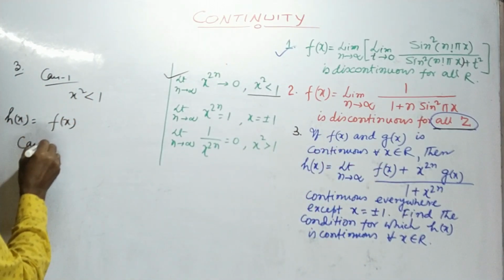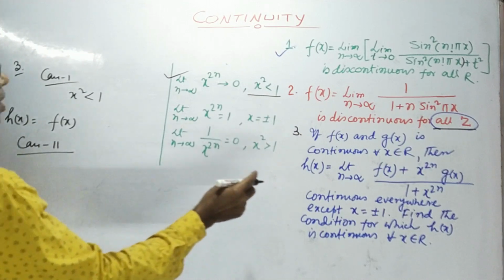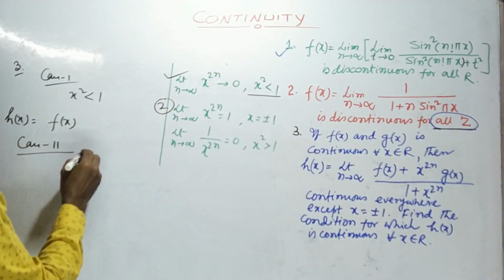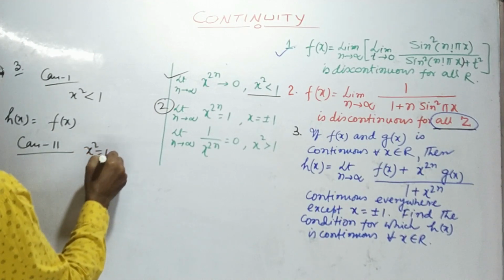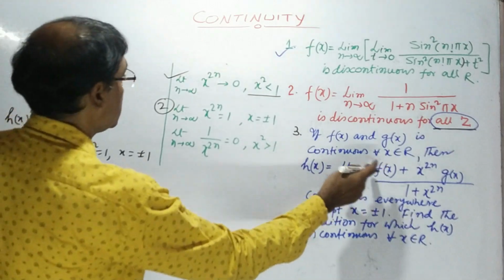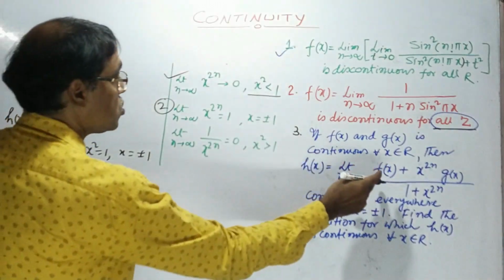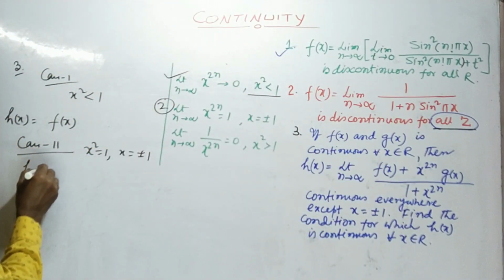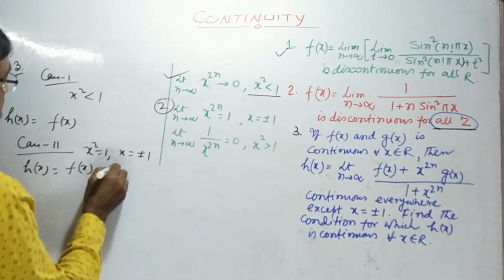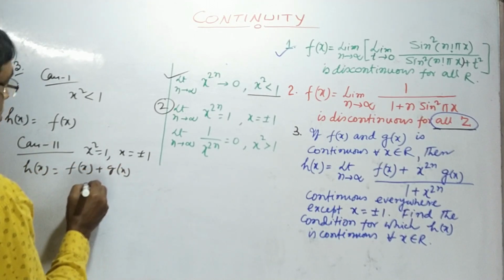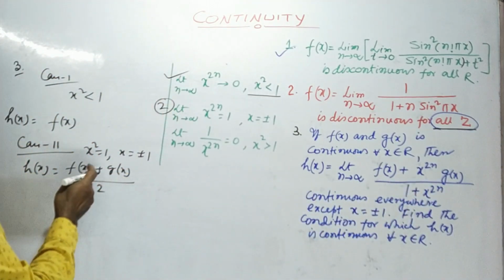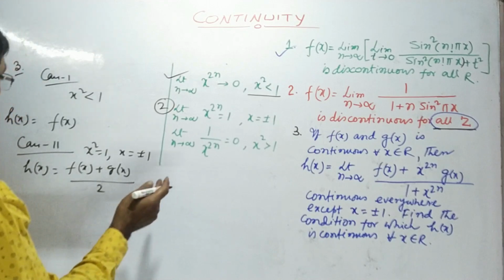Case 2, when x square equals 1, that means x equals plus minus 1. In this case, x to the power 2n equals 1, so h(x) equals (f(x) plus g(x)) by (1 plus 1), that is equal to (f(1) plus g(1)) by 2.